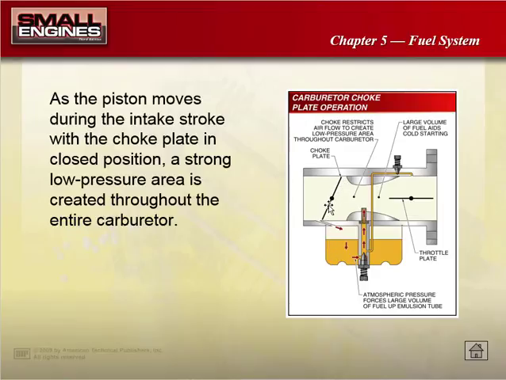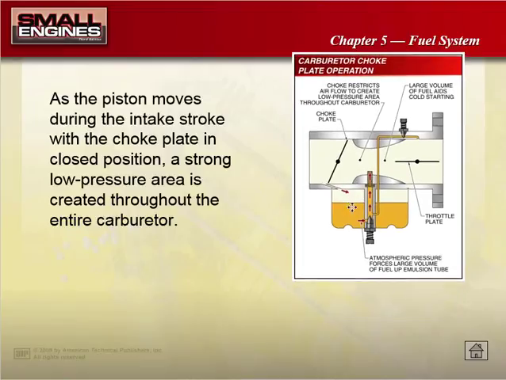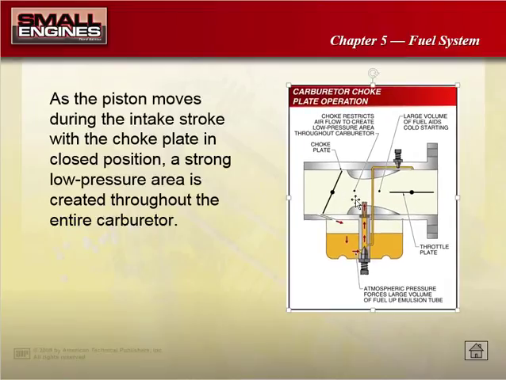The next thing we have is this choke plate. The choke plate is used to actually allow us to start on cold starts. So if this choke plate was all the way open, then I would have atmospheric pressure all throughout here. What I'm doing is I'm closing this choke plate, so I have atmospheric pressure here, I have atmospheric pressure in my fuel bowl, but up here inside the carburetor, I actually have a lower pressure area.